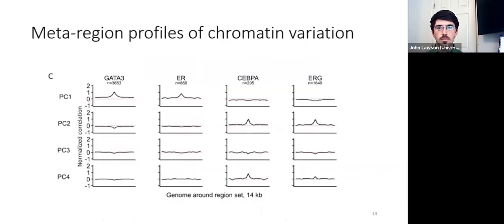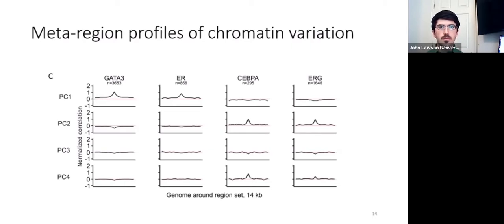And so one other question you might ask is, is the variation we see specifically related to these region sets, or is it maybe just across the whole genome or the broader genome? And so we can create these plots called meta-region profiles. What we do to create these plots is we take the region set, for example, estrogen receptor, and we look at a wide region around that region set.